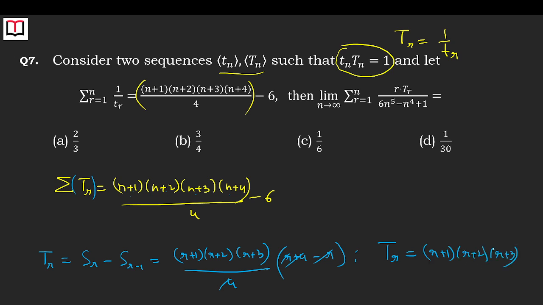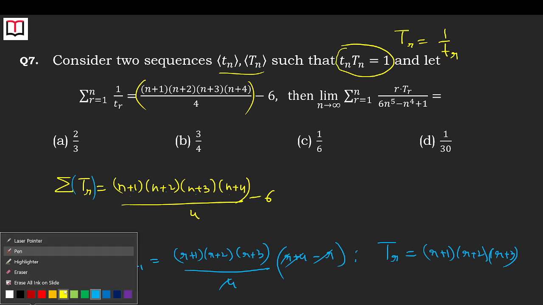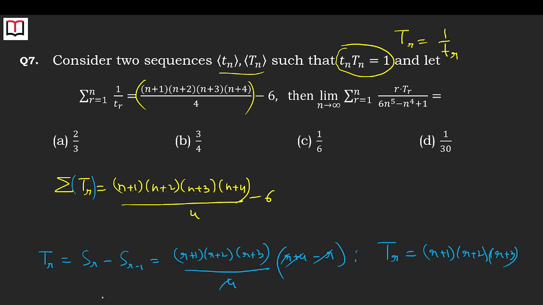Now, see, if I have to evaluate it, I won't go for simplifying this series and then putting the limit. Why? The reason is simple. Summation of R is n into n plus 1 by 2. If you observe one thing, it's n square by 2 plus something linear, and you got a quadratic, and the coefficient is that same power 2.